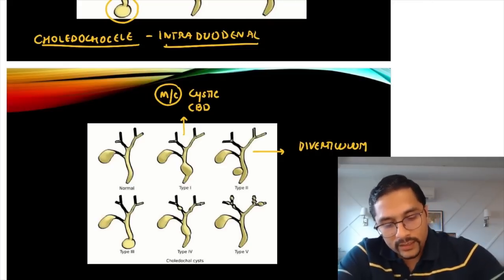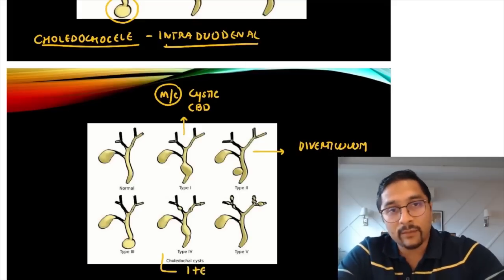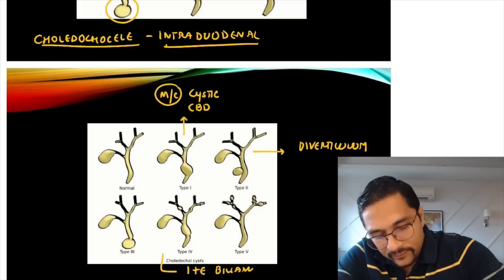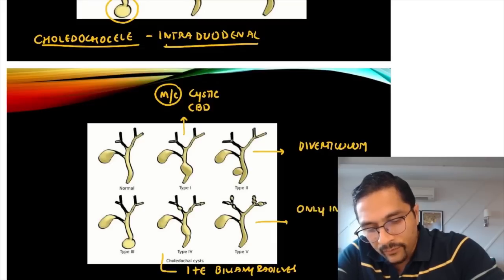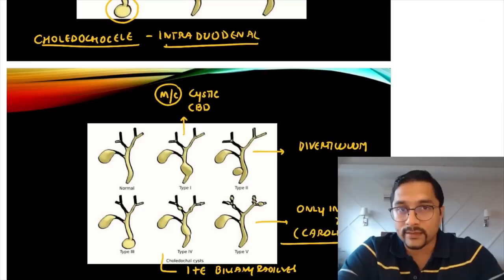Type 4 is intra plus extrahepatic, where intra plus extrahepatic biliary radicals are dilated. And type 5 is only intrahepatic dilatation, and this is known as Caroli's disease.